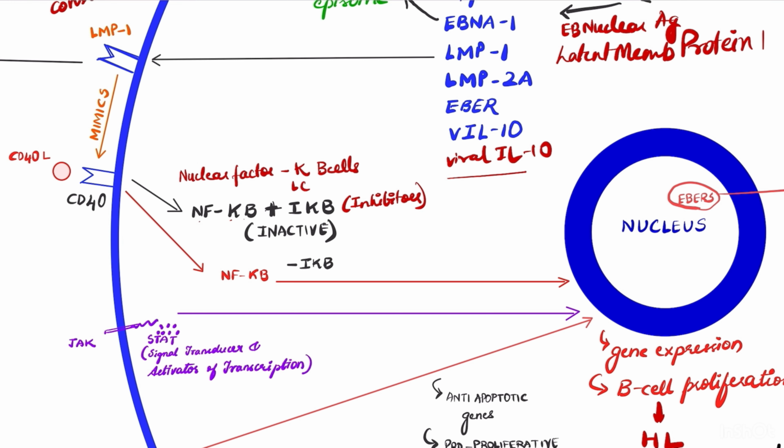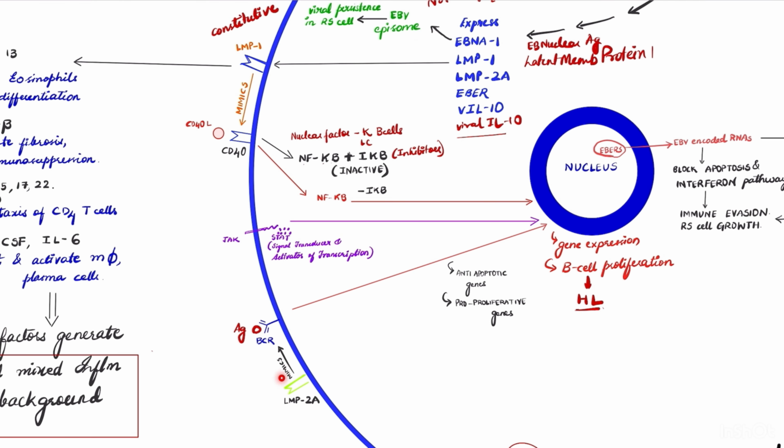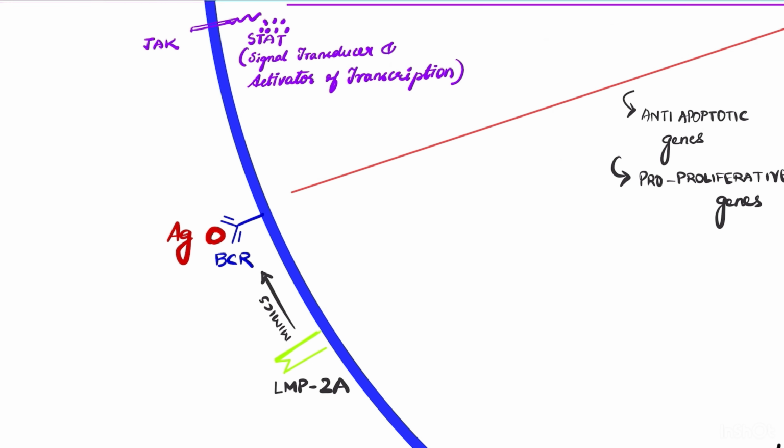Coming to the second thing, that is the LMP2A, which is also expressed on the cell surface. LMP2A will mimic the B cell receptors. Coming to the normal, the B cell receptor present on the cell surface of the normal B cell is a surface immunoglobulin.